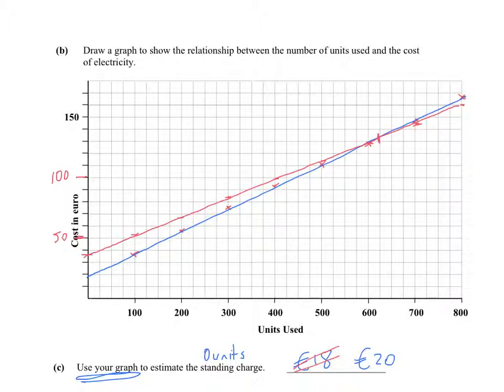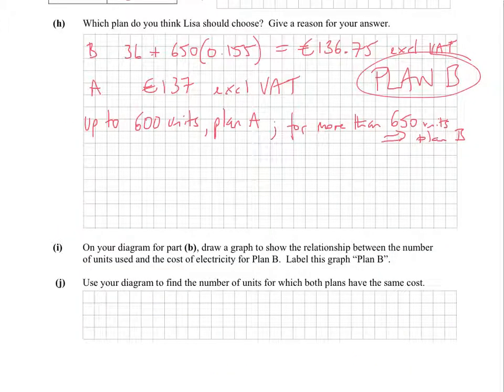It's approximately at 620, sorry. I'll go with that value. And suggest that 620 is my swap over, my equalization value. And put my answer in for part J.